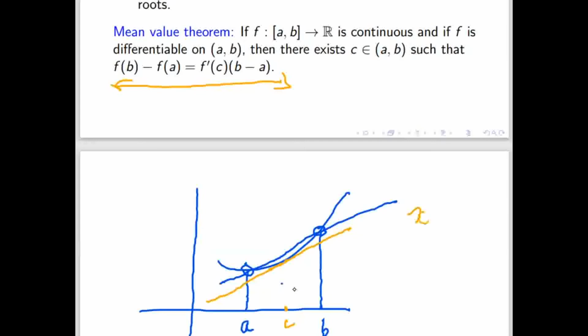Suppose x1 and x2 are the 2 roots of some function f(x). Then this theorem says that between x1 and x2 there is a root of the derivative of f(x). For example, if the function is sin x, its derivative is cos x. So this theorem says that between 2 roots of sin x there is a root of cos x.